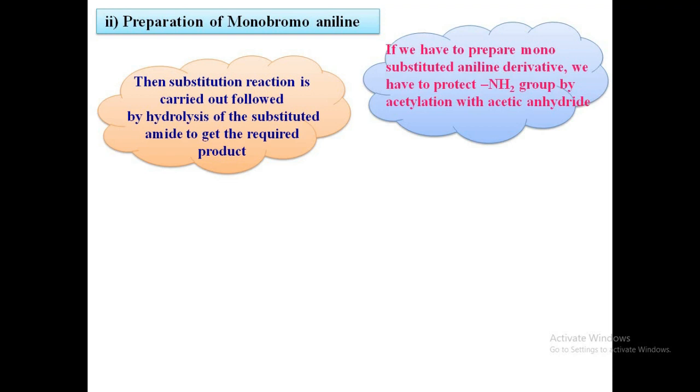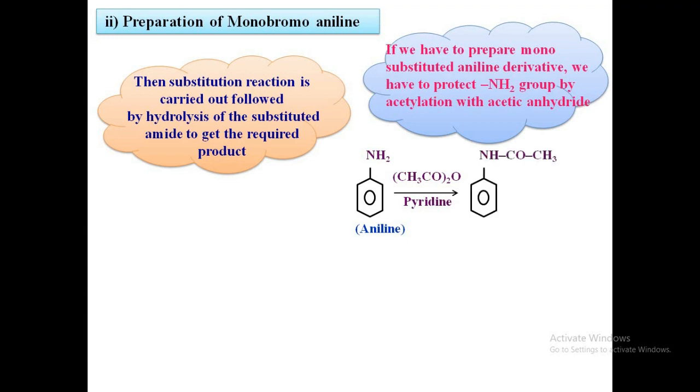Let us consider the reaction when aniline is reacted with acetic anhydride in the presence of pyridine. Formation of acetanilide occurs. In this reaction, we are protecting the amine functional group, that is NH2, by using acetic anhydride to form the compound acetanilide.